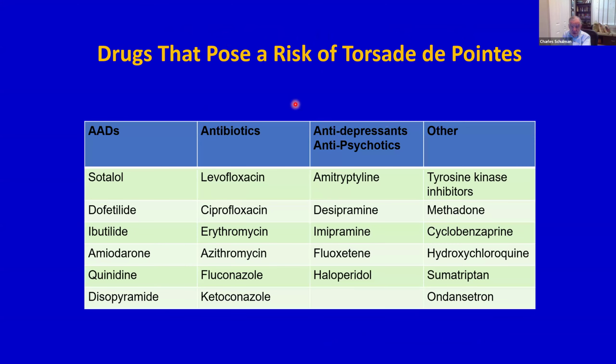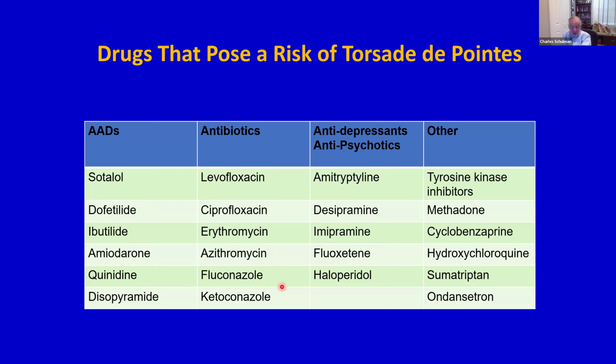Here's a very short list of drugs which can pose a risk of torsade. The full list is a page and a half, single-spaced. So there's a really very long list of drugs which cause torsade de pointes. The common ones are anti-arrhythmic drugs like sotalol or dofetilide, antibiotics like levofloxacin, ciprofloxacin, azithromycin.